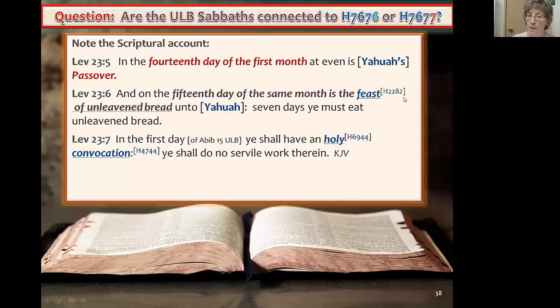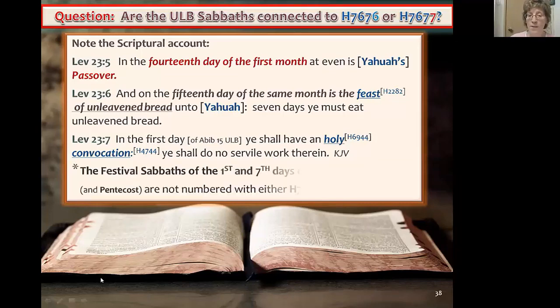There's your word number. A feast of unleavened bread unto Yahuwah. You have to eat 7 days. And in verse 7, in the first day, we're talking about Abib 15, you shall have a holy, there's your word number, convocation, there's your word number, and you're not supposed to do any servile work.